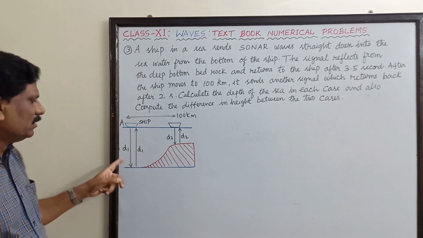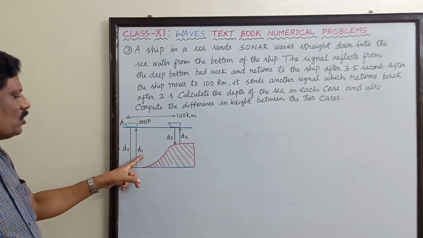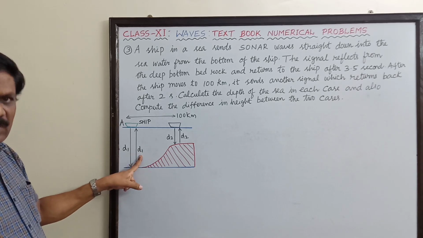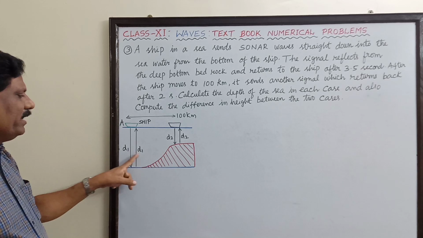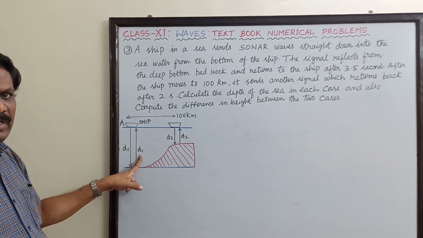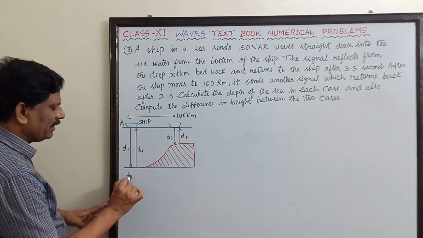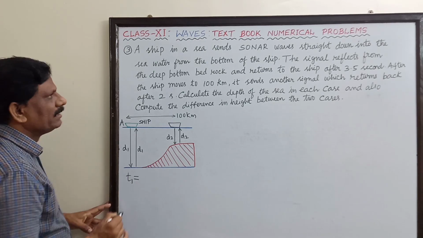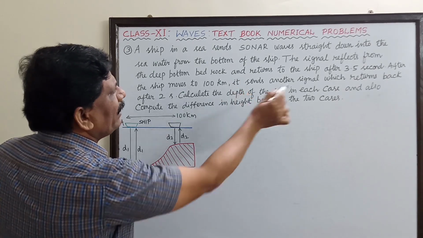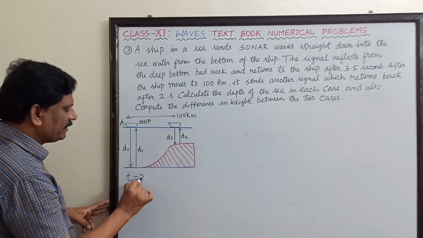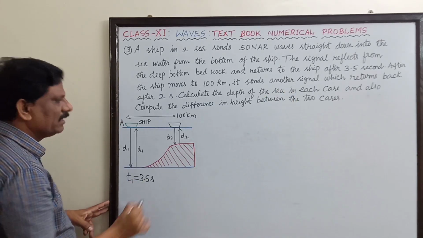So the total distance traveled by the sound wave is D1 plus D1, that is 2D1. And the time taken in the first case, let us take T1, is equal to 3.5 seconds.